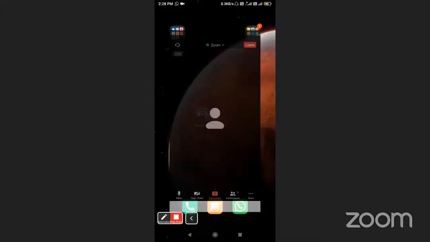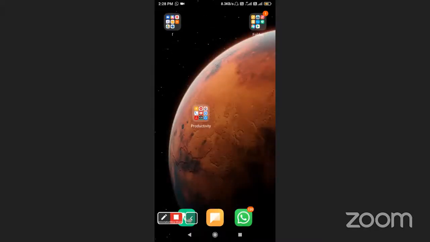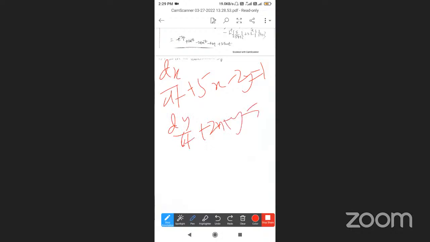We have example 6. dx by dt plus 5x minus 2y is equal to t, and dy by dt plus 2x plus y is equal to 0, with x of 0 equal to 0 and y of 0 equal to 0.